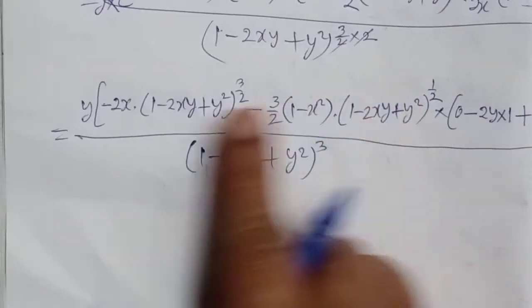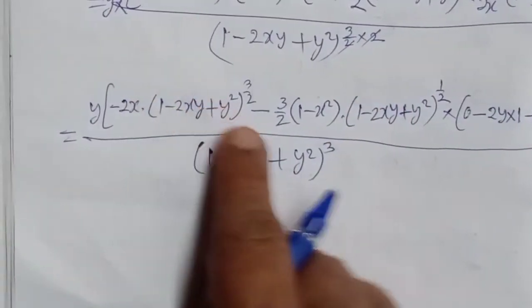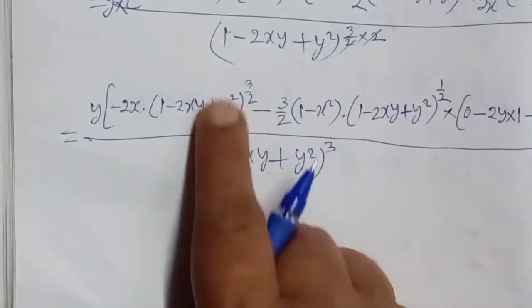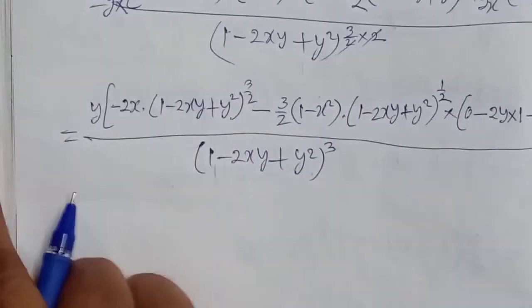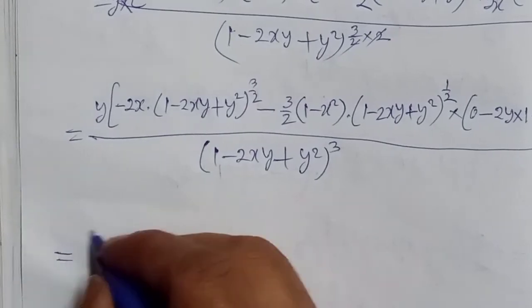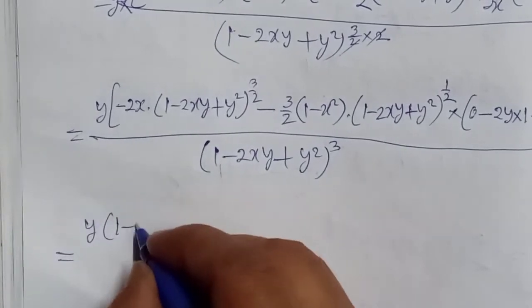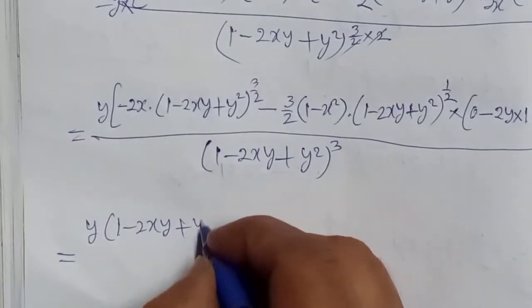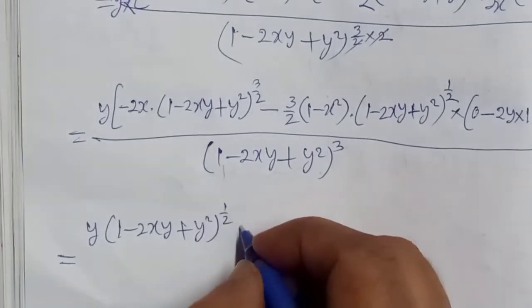Now we can take out the common power 1 by 2, so y times 1 minus 2xy plus y square whole power 1 by 2.